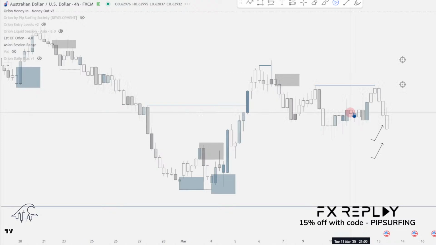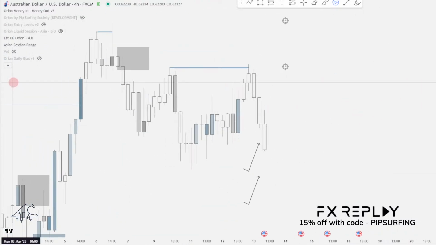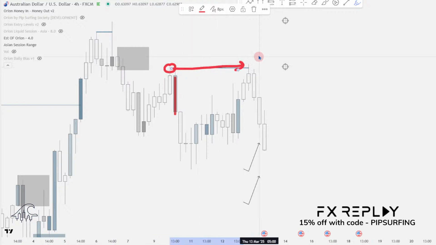Now, this 4-hour high holds a relative amount of volume because of the candle that was formed after it, meaning that the liquidity that sourced this was sitting at the high, right? So we've come up and we've taken this high out.